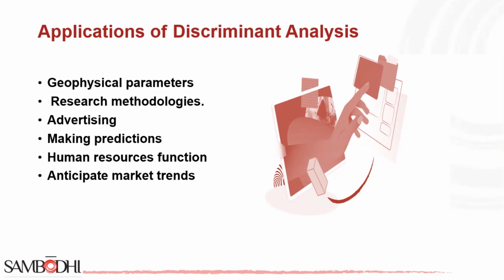Now, the human resources function is to evaluate potential candidates' job performance by using background information to predict how well a candidate would perform once employed. The ability to anticipate market trends that will have an impact on new products or services is required for sales and marketing. This is how discriminant analysis can be applied in several fields.